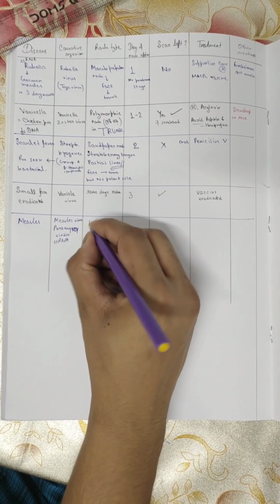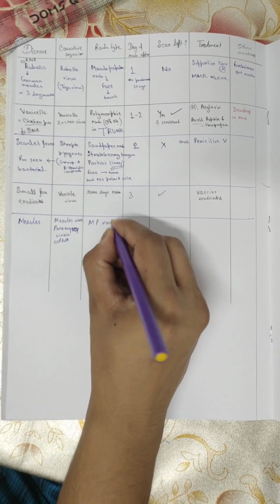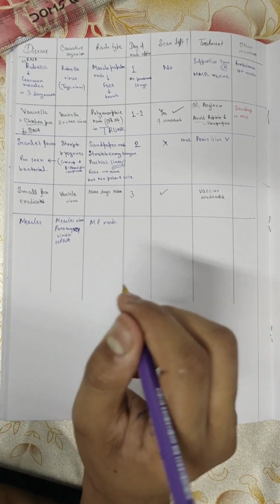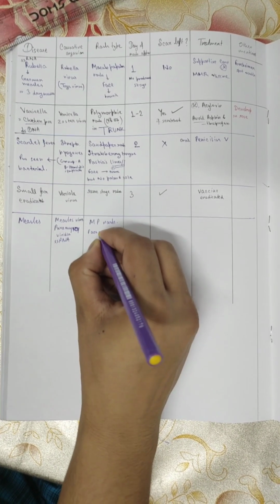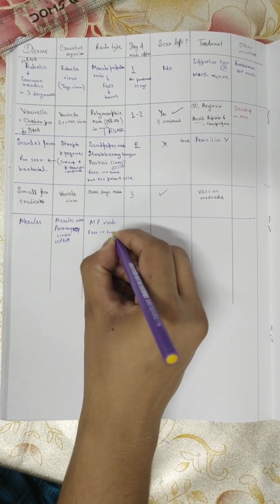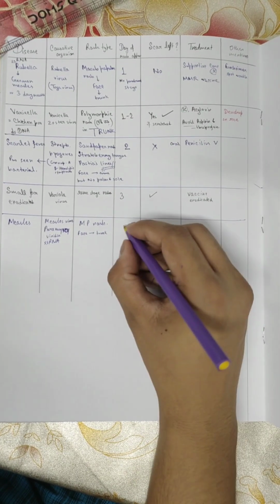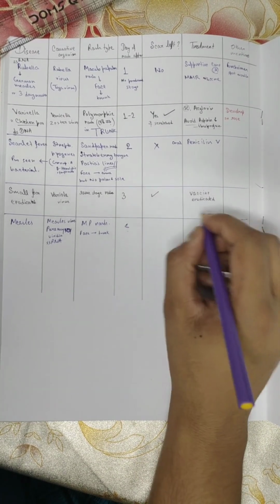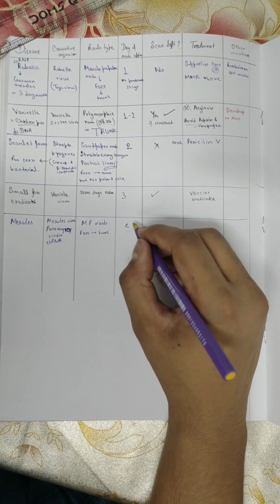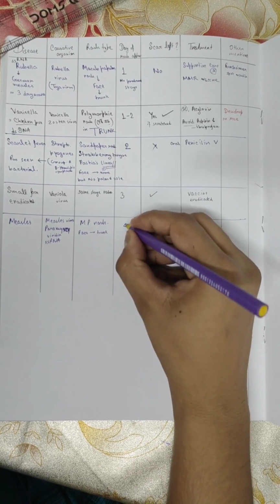We have maculopapular rash as well, from face to trunk, on the fourth day after the prodrome. Here prodrome is present.